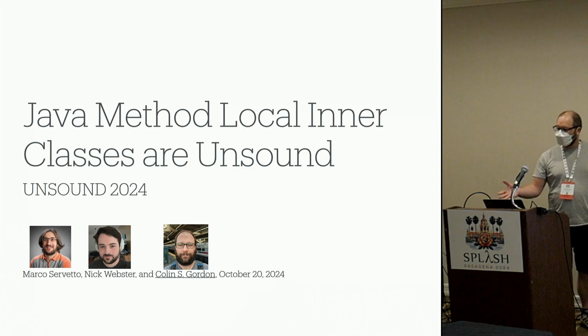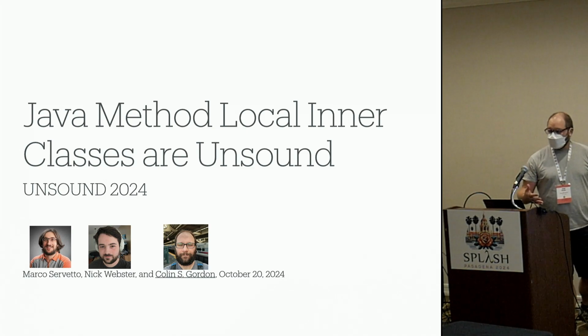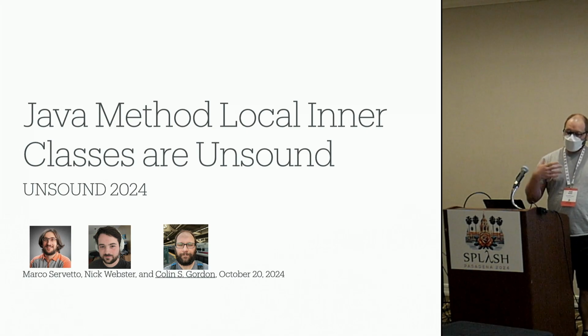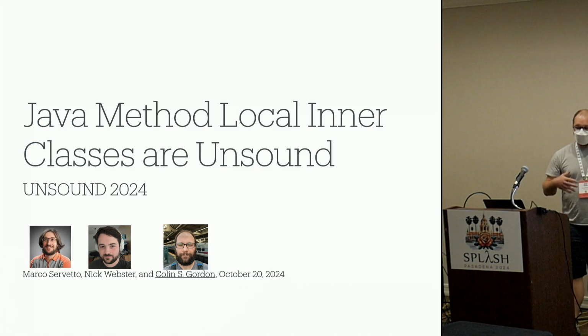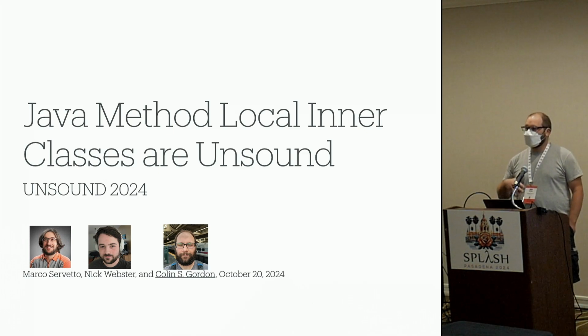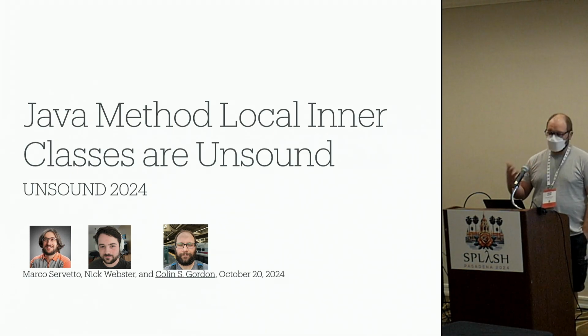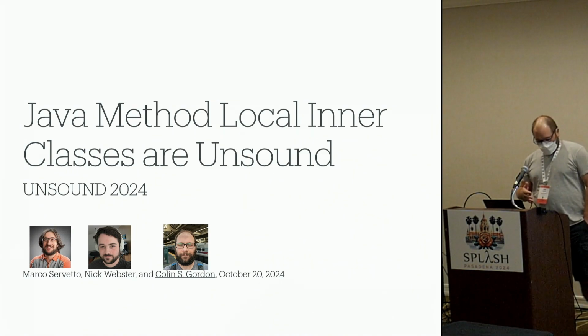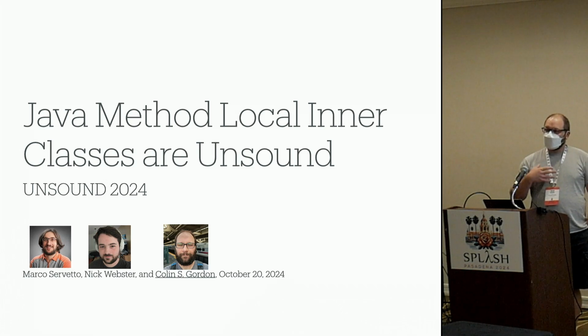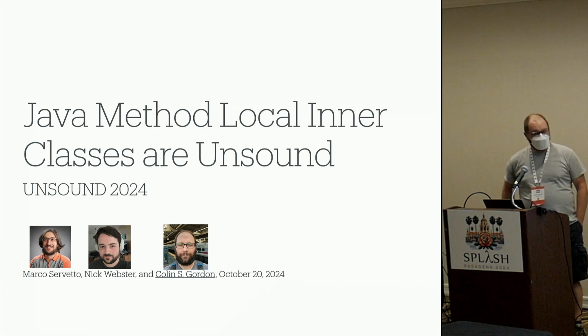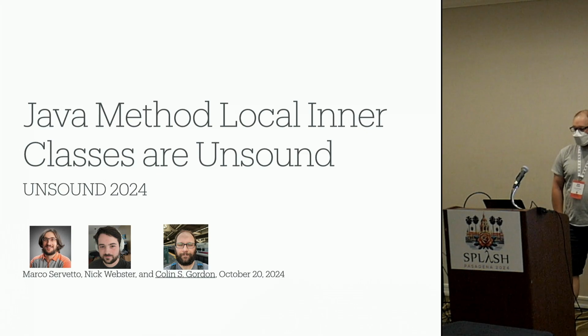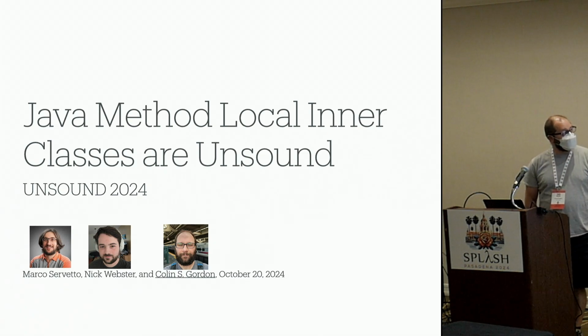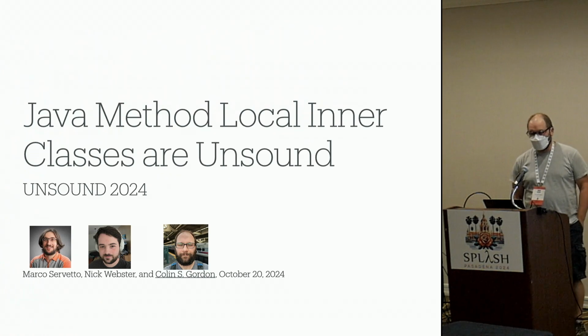But the thing that's interesting there is that in that calculus, the creation of new objects and new types is a little unique. Basically, all of the class definitions end up looking like they're located at the allocation sites, which ends up being fairly close to Java's method local inner classes and how those work. And if you're wondering what is a method local inner class, I'll say what it is in a minute.